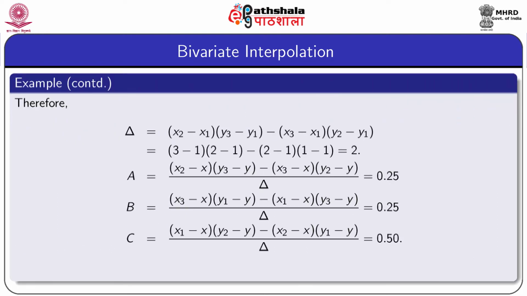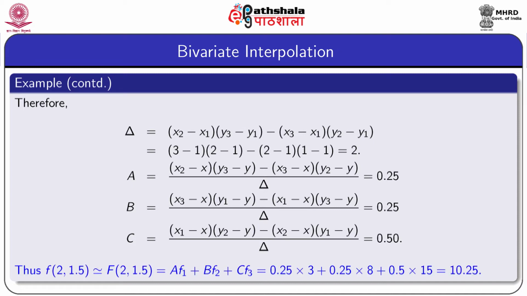For this problem we have to determine the value of delta, which is equal to (x2 minus x1) into (y3 minus y1) minus (x3 minus x1) into (y2 minus y1), and by substituting the values of x1, x2, x3, y1, y2, y3, the value of delta is equal to 2. Similarly, the value of A is equal to 0.25, B is equal to 0.25 and C is equal to 0.50.